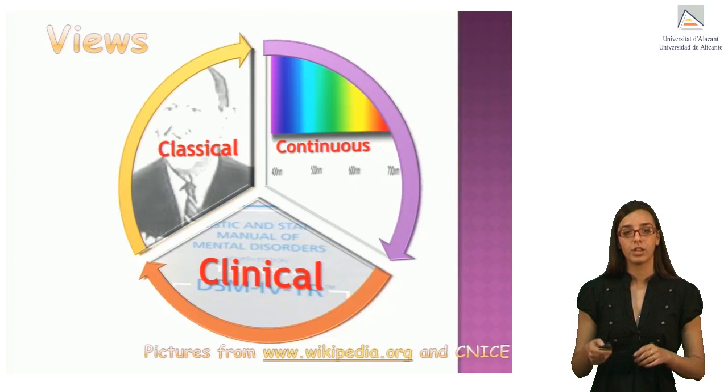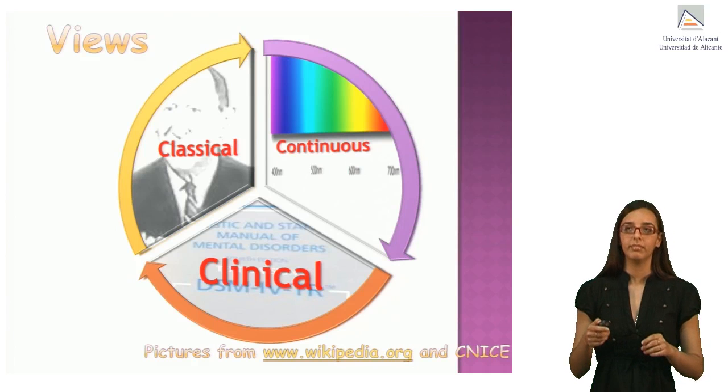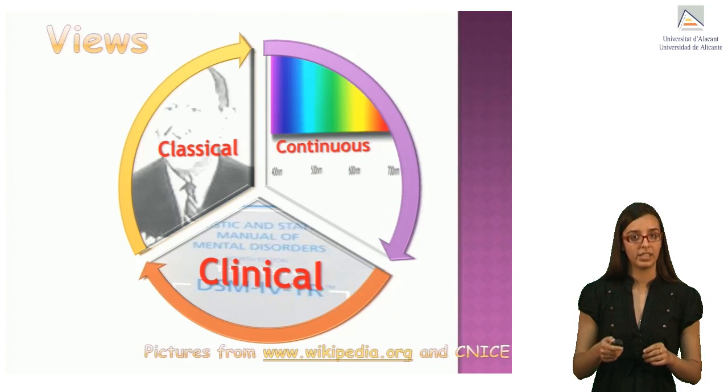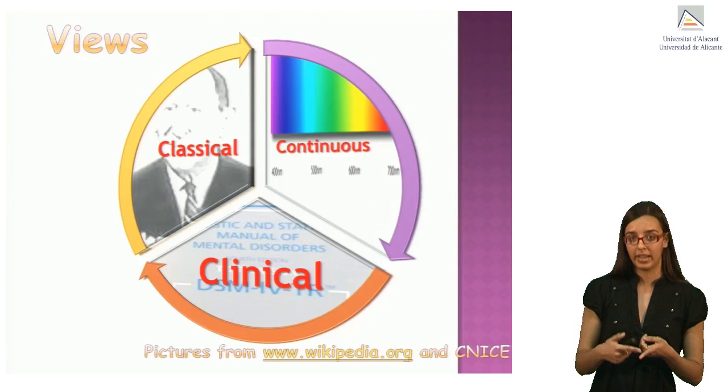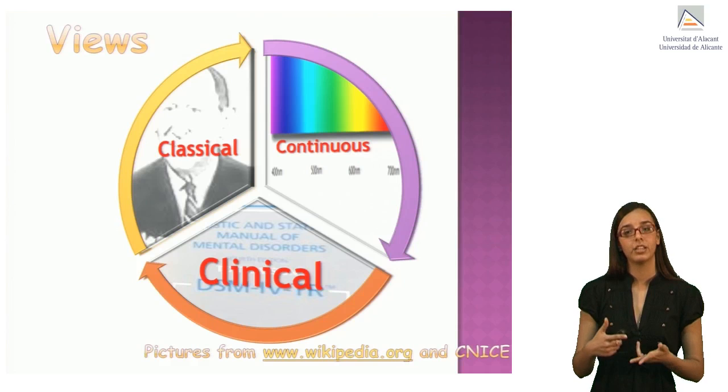Later on, the continuous perspective stated that the characteristics of autism could perfectly fit within some abnormalities in other syndromes which were concerned in communication, behavior, and socialization.